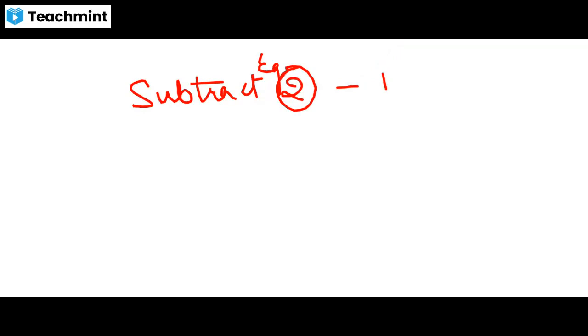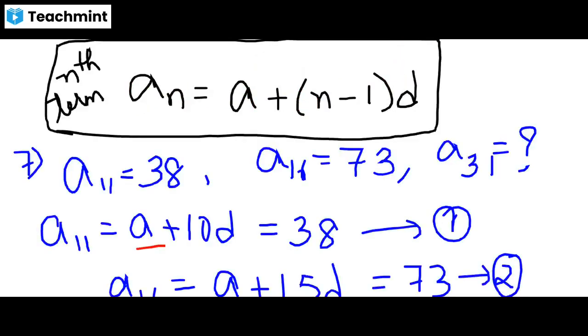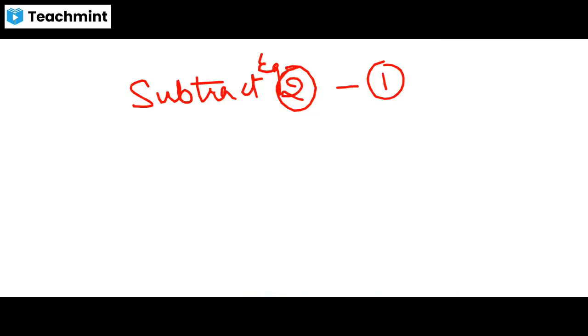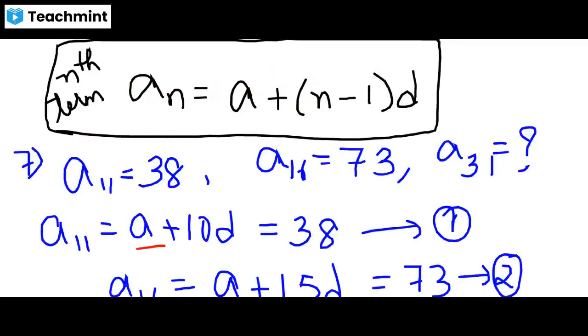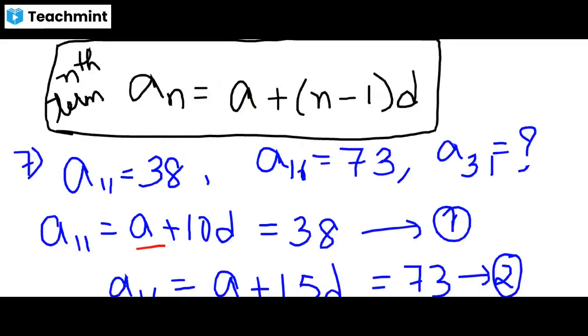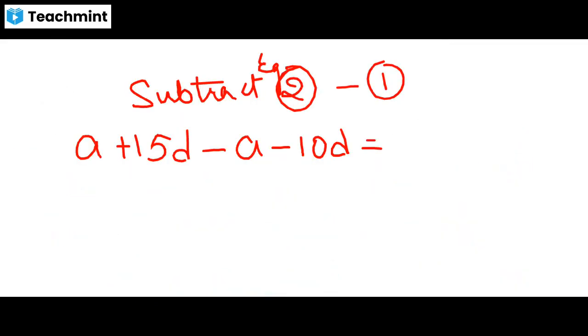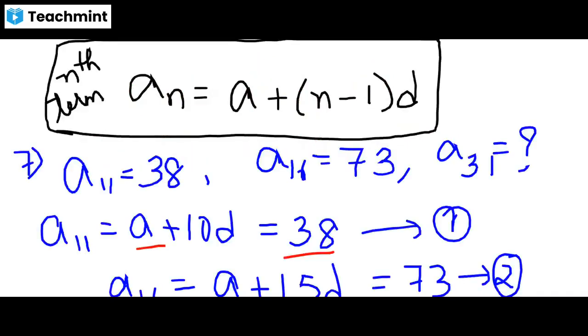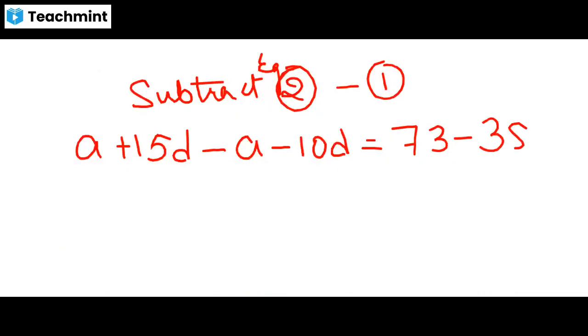Equation 2 is a plus 15d, minus equation 1, a plus 10d. So with the minus sign, you get minus a minus 10d. That is equal to 73, from the RHS of equation 2, minus 38, from equation 1.